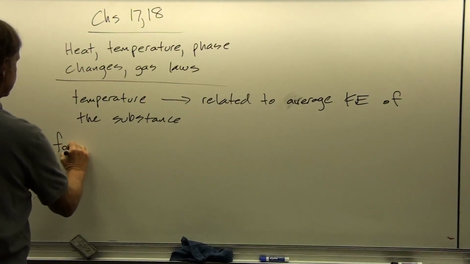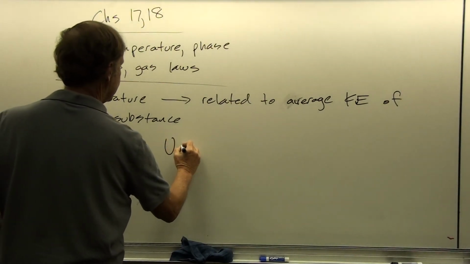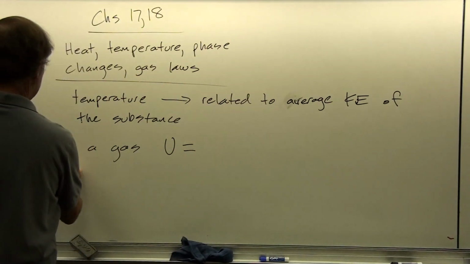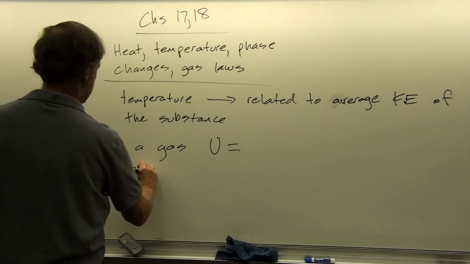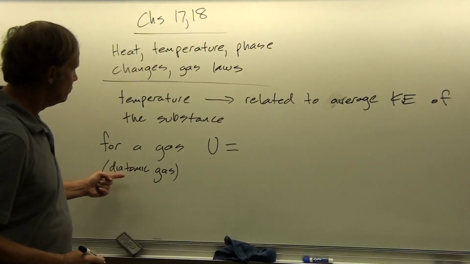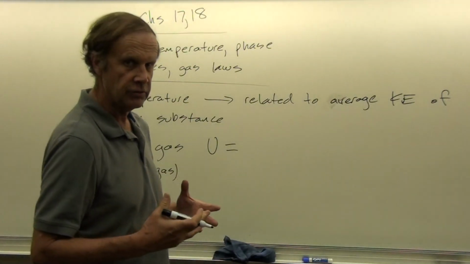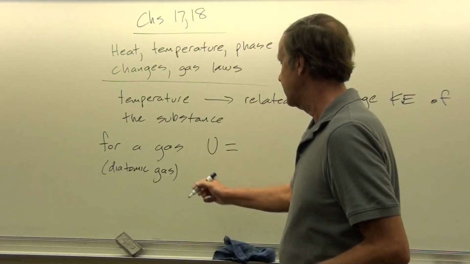Now for a gas, the internal energy, U, is equal to, if this is a diatomic gas at normal temperatures, diatomic means two atoms per molecule, like O2 gas, H2, N2, those are all diatomic gases.